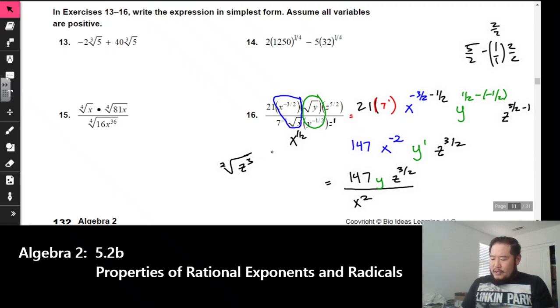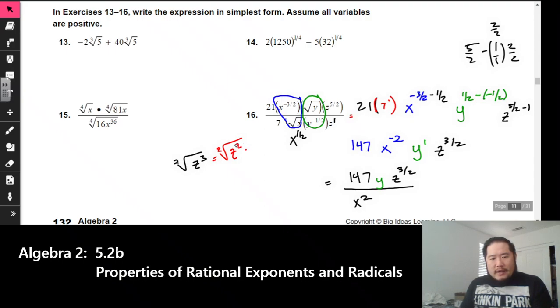So this is actually a good little extra bonus that you guys are getting. I can split it apart like so.